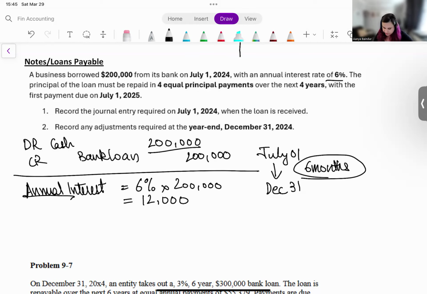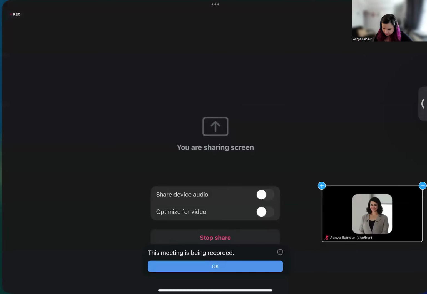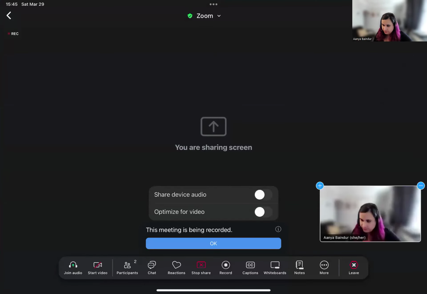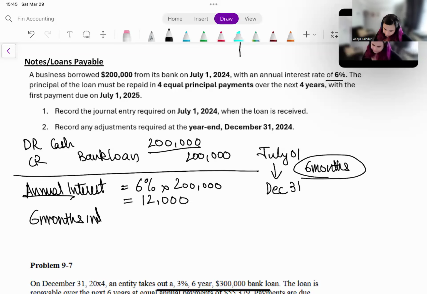Now this is the annual interest. We need 6 months of interest. So the 6 month interest is 12,000 times 6 divided by 12, which is 6,000.